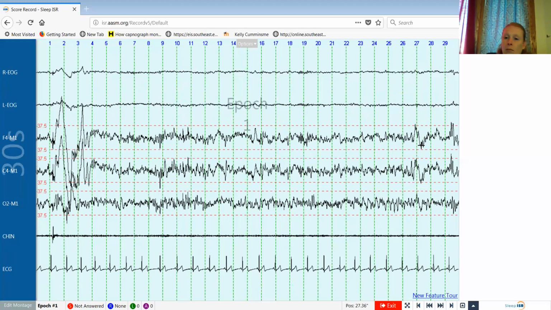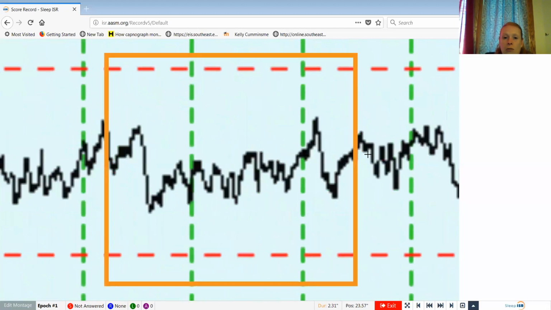Okay, so let's say you want to count the waves of something because you're not sure how many hertz it is. So maybe this area right here, you're like, what is this? Is this low amplitude mixed frequency or what? To do that, you hold down your left mouse button, and outline a square of the area you want to blow up. Then when you release the mouse, it blows it up. Now, from dotted green line to dotted green line is 1 second.